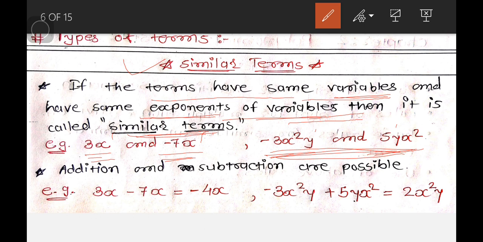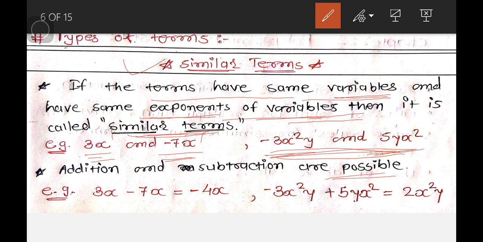Here one thing we note is that in similar terms, addition and subtraction are possible. So if we add or subtract one term from another term, then it is possible.